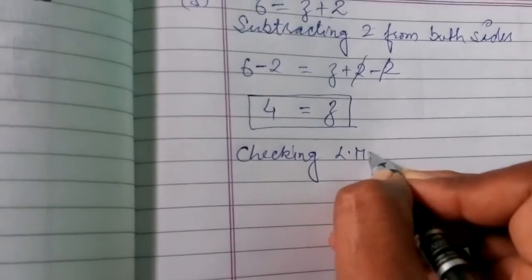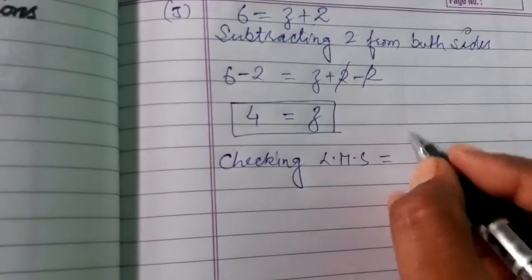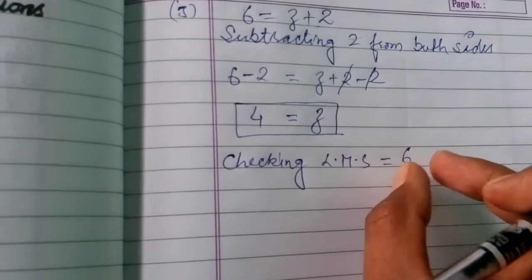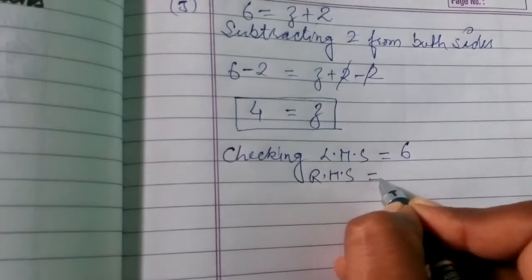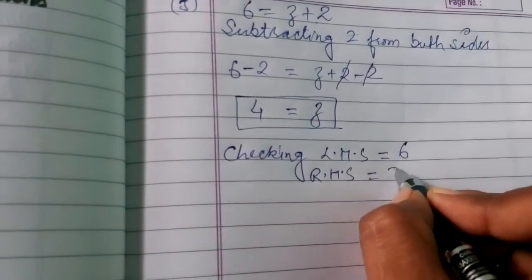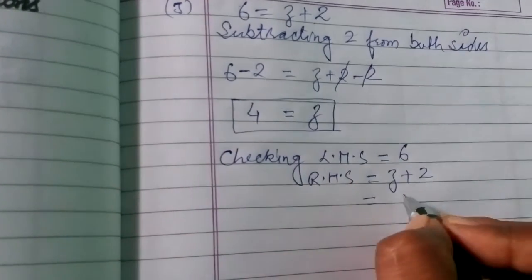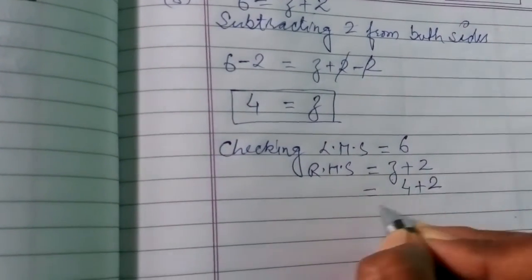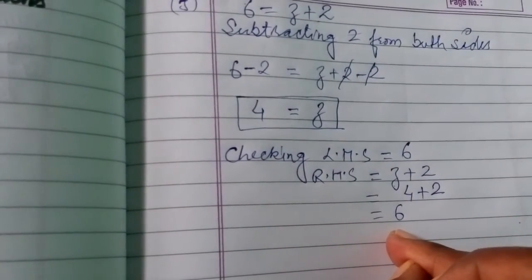The left hand side is 6 already, but I can't do anything to this side, so I have to take the right hand side, z plus 2, and in place of z I will put 4. So 4 plus 2, I'll get 6. Again you can see that left hand side and right hand side are equal.